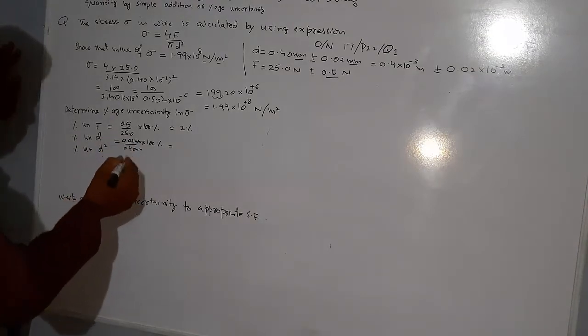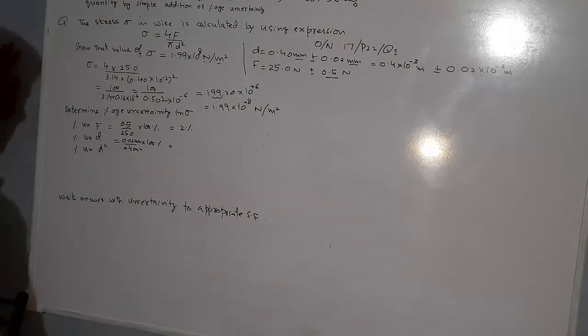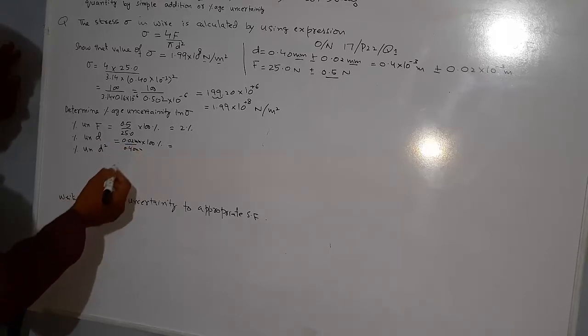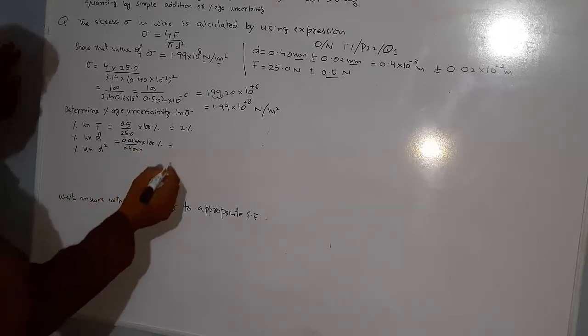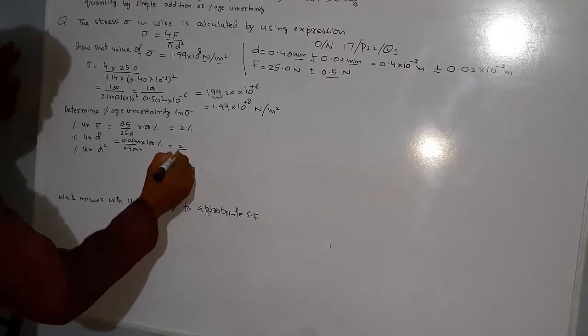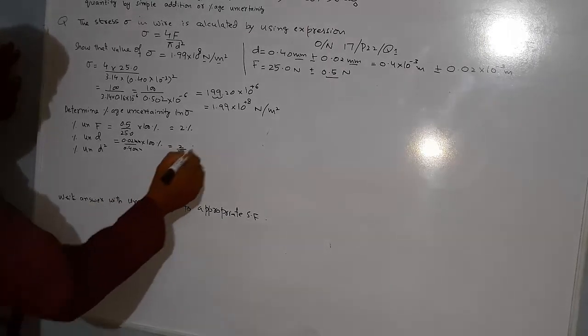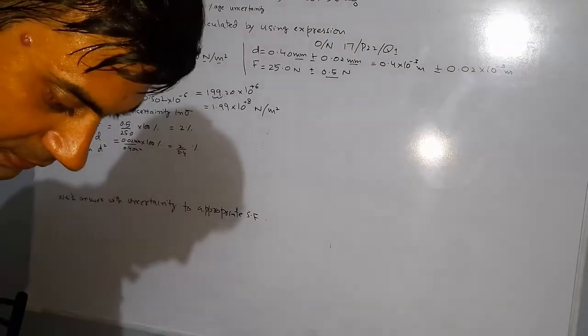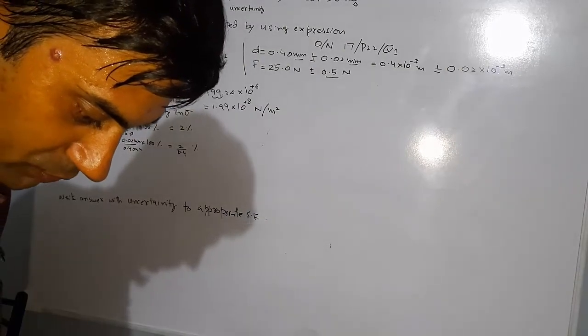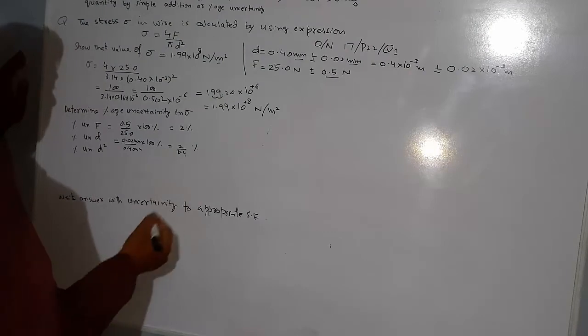So it becomes 2 over 40, 2 over 0.4. Percent means 2 over 0.4, it becomes 5.